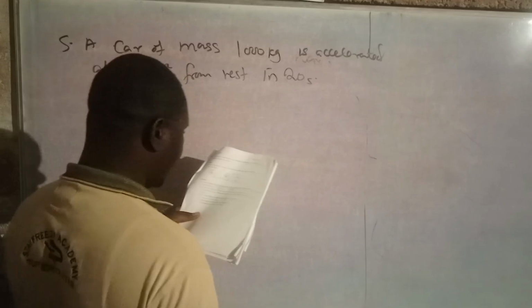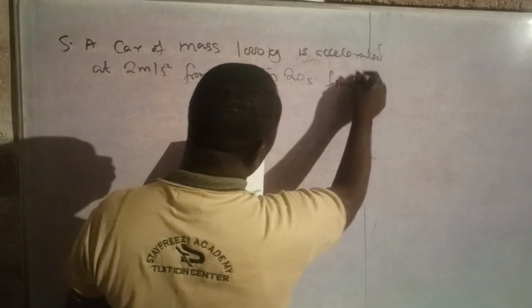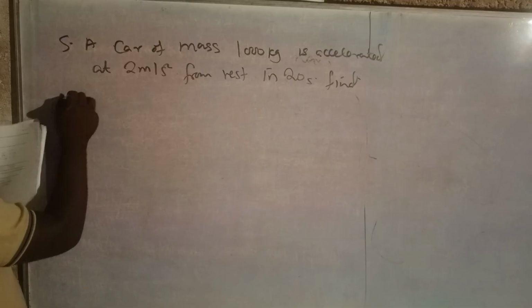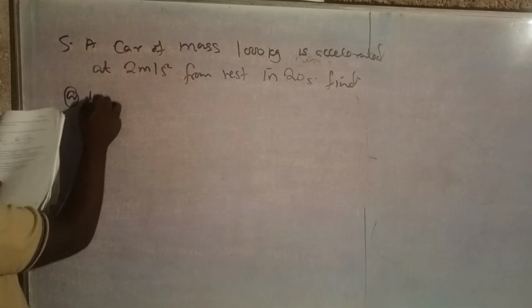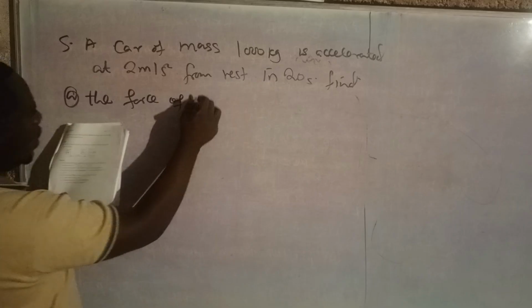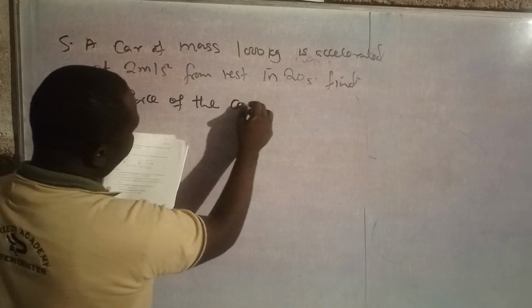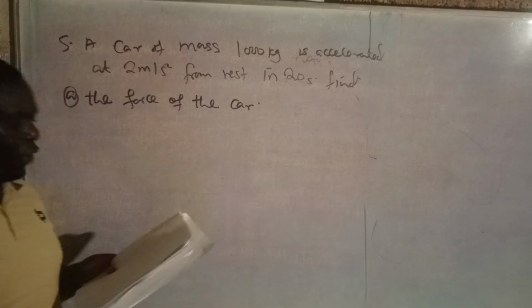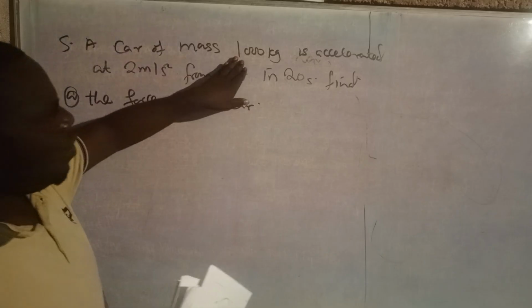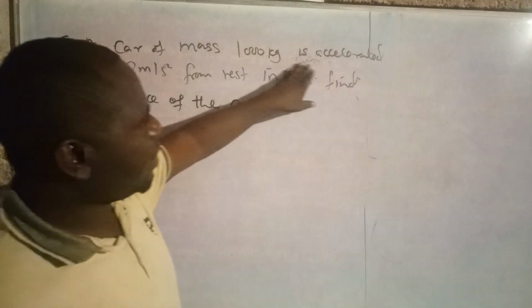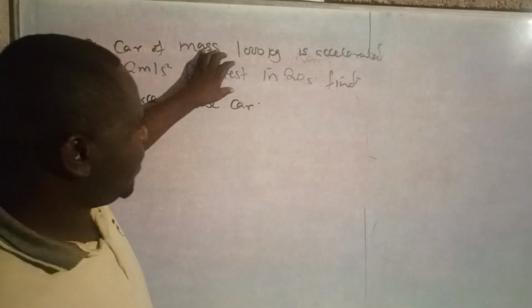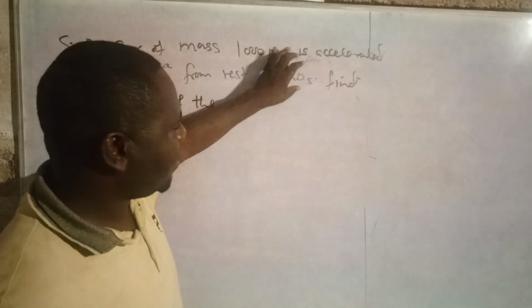Find, question A, the force of the car. So, a car of mass 1,000 kg is accelerated at 2 meters per second squared from rest in 20 seconds.